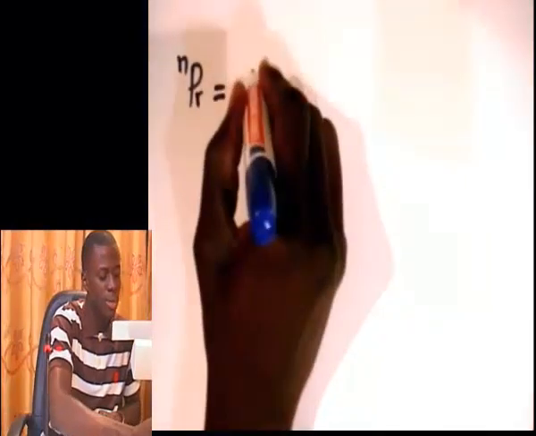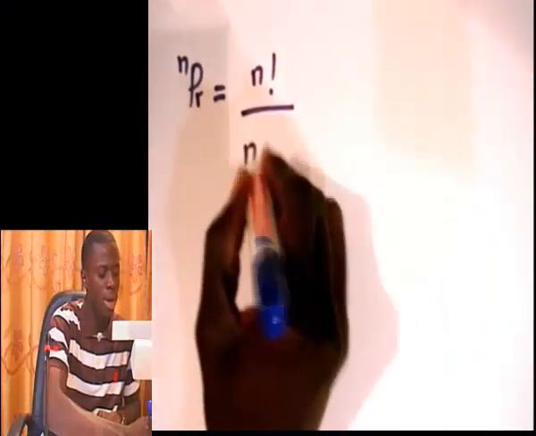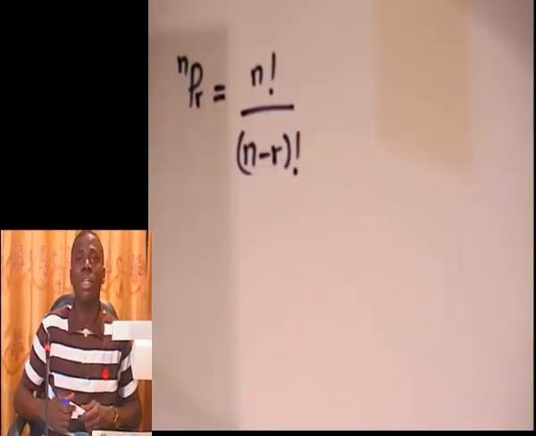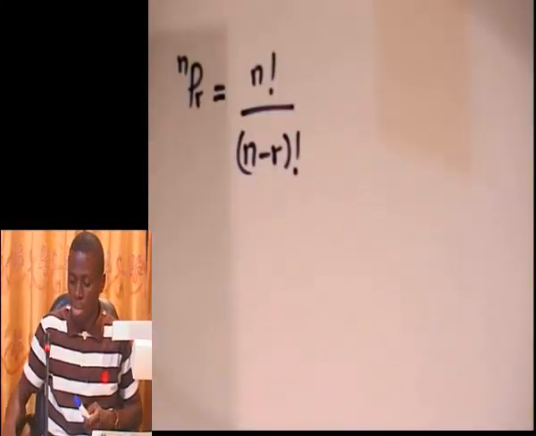This is given by n permutation r, which is defined as n factorial over n minus r factorial. So it's the arrangement of n items taking r at a time. Please, let's take note of that.